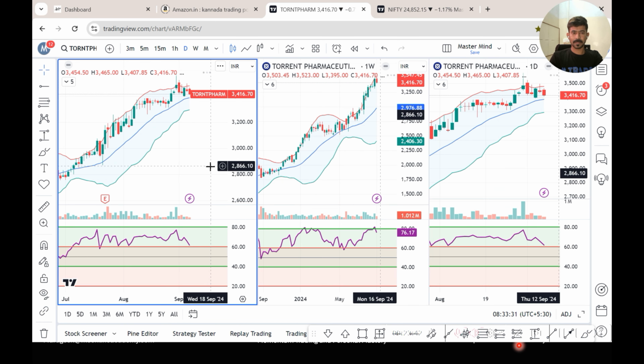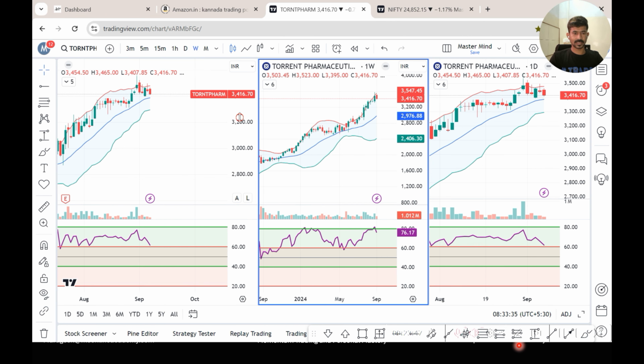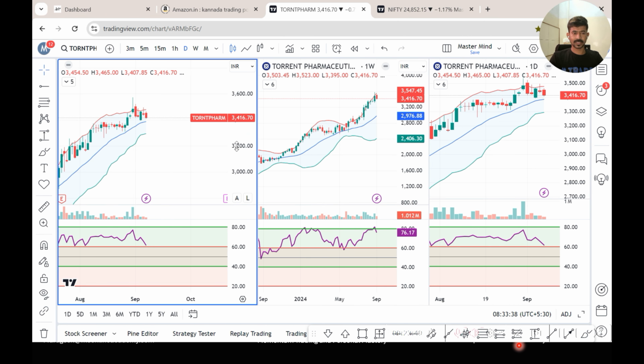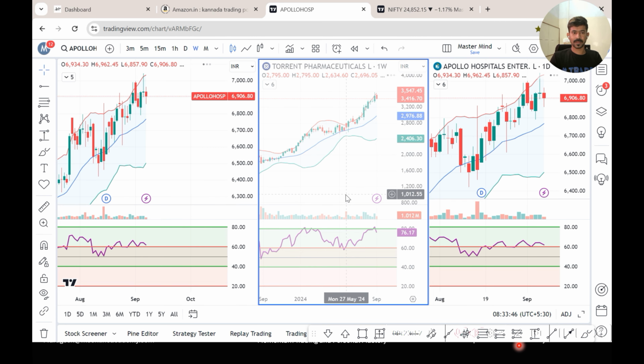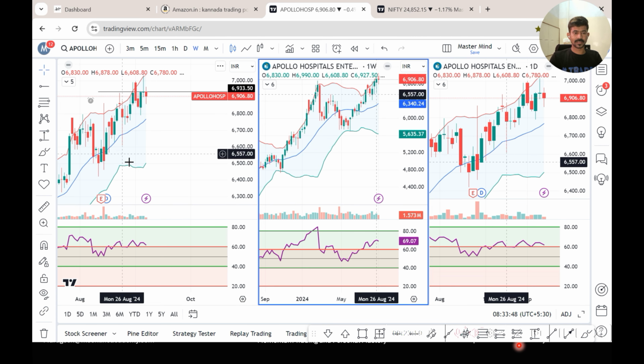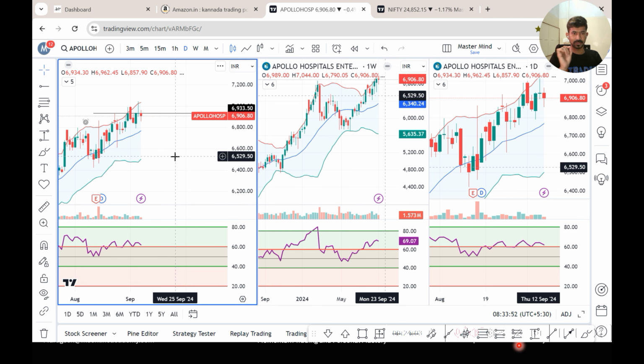Torrent Pharma, it's a pharma sector. Need to wait for the green candle here. It is definitely a strong stock. Apollo Hospital, similarly. Take one important point: Nifty is now sideways and looking bearish based on the last candle.